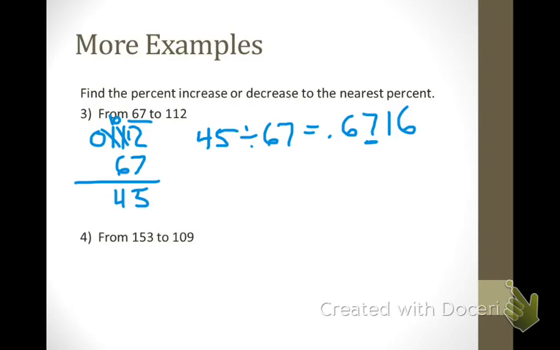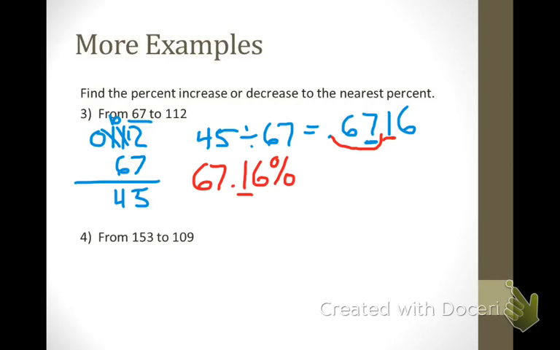So then the next step is to move the decimal 2 places over. Show you that. We're going to go 2 places over, so we're going to end up with 67.16%. And then now I need to round to the nearest whole percent, so I look at this one place right here. That's where I said you had to take it out to, which is that same place value right there.